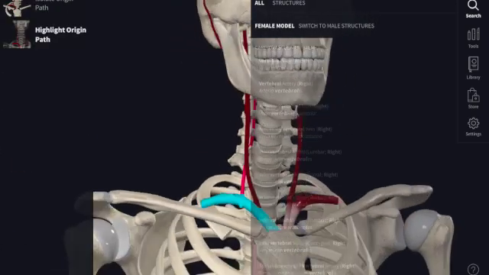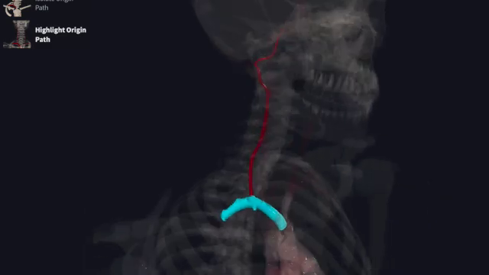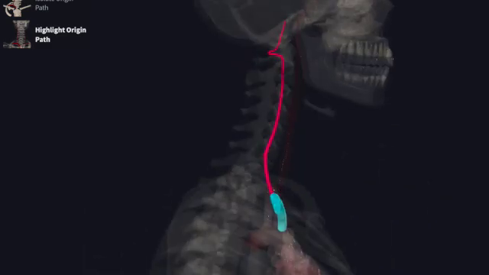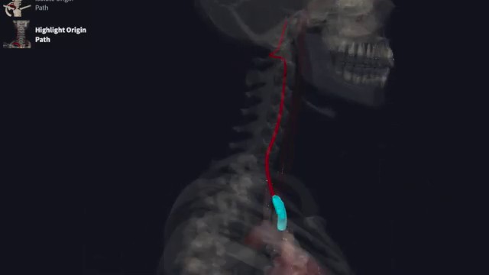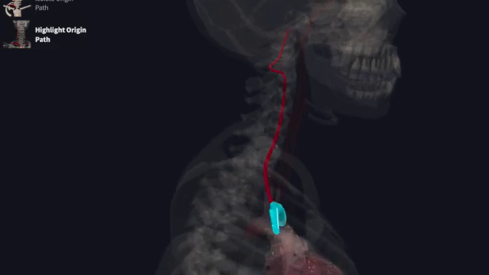So let's just highlight that one really quick. Kind of like you can see in your book, it comes off that subclavian, through the vertebrae, through that foramen magnum, and then creates that bottom part, which will then turn into the basilar.